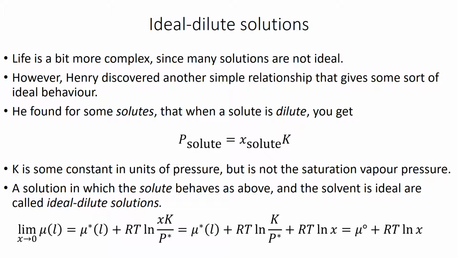You do rearrangements and you get a final equation which you can rewrite, only in the case of the dilute condition, as mu circle plus RT log x, where x is the mole fraction. Mu circle is just a way of gathering all the constants in the front of the middle equation together under one heading. In this way we can distinguish this equation from an ideal solution by looking at this constant offset.